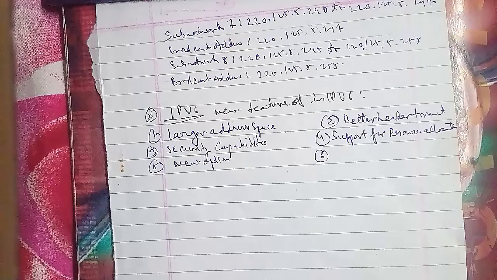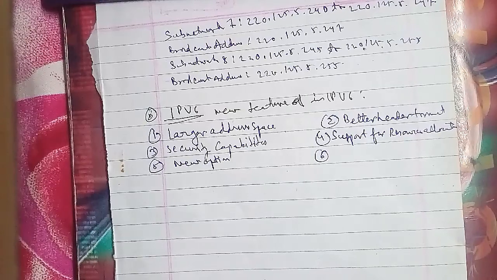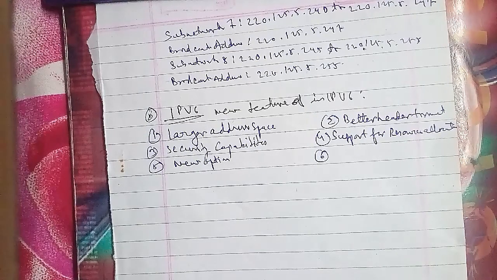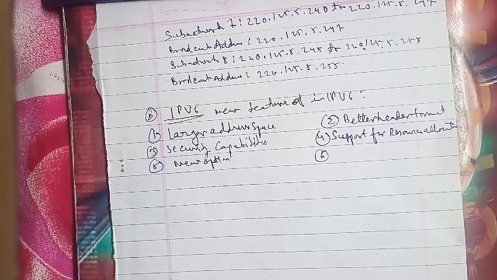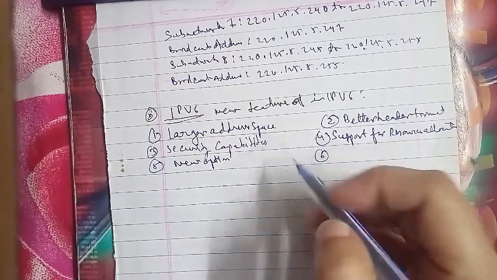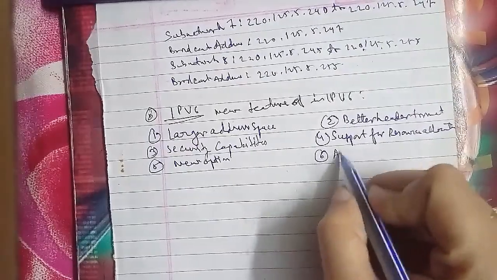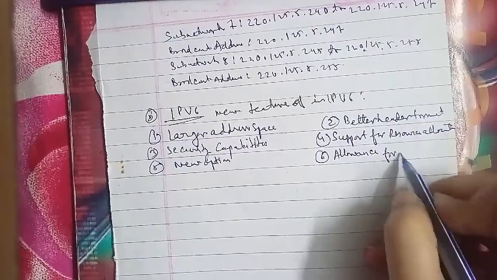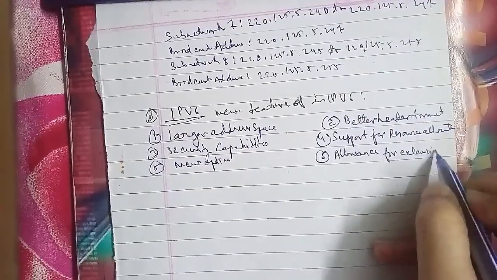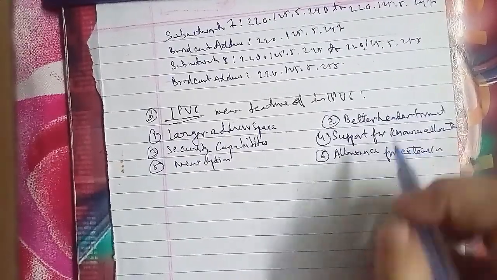The length of the base header is fixed at 40 bytes. There are six types of extension headers. The first is the hop by hop option, which is used when the source needs to pass information to all the routers visited by the datagram.